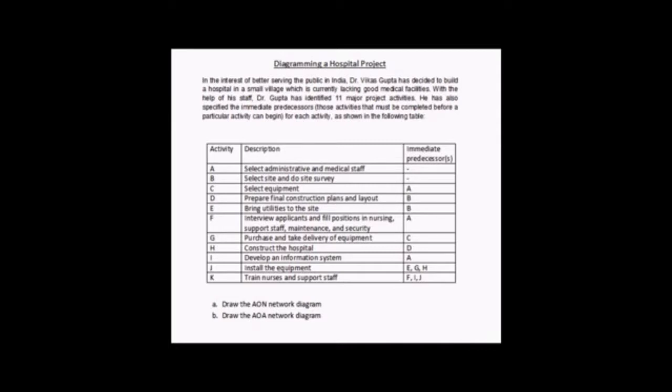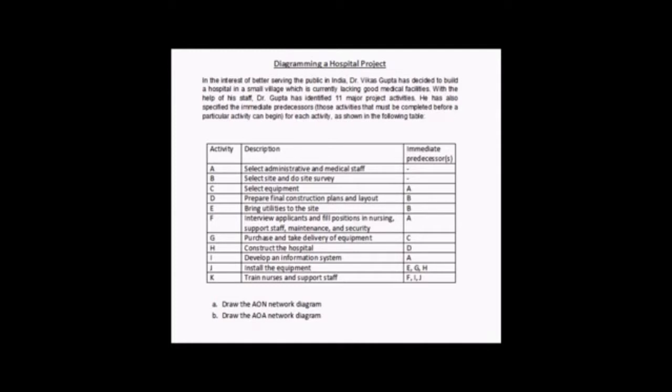With the help of his staff, Dr. Gupta has identified 11 major project activities. He has also specified the immediate predecessors, which are the activities that must be completed before a particular activity can begin, for each activity, as shown in the table.